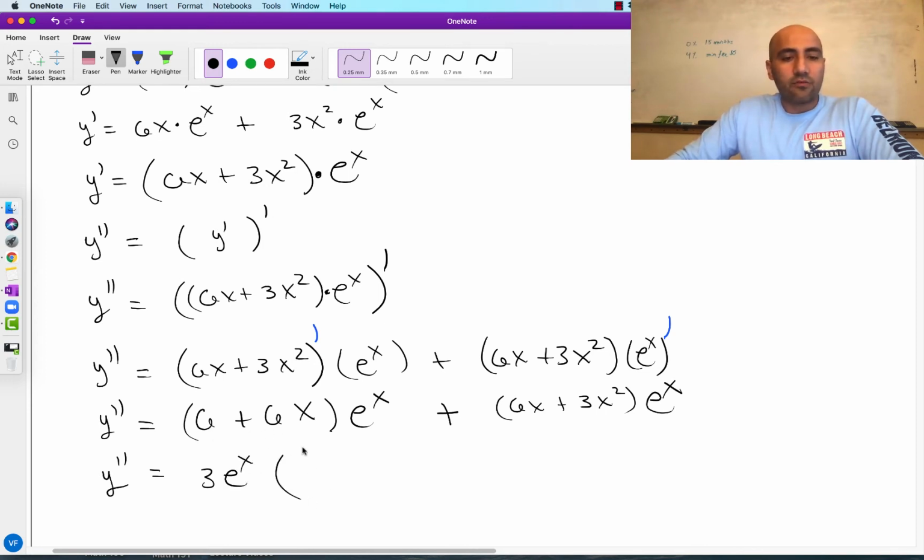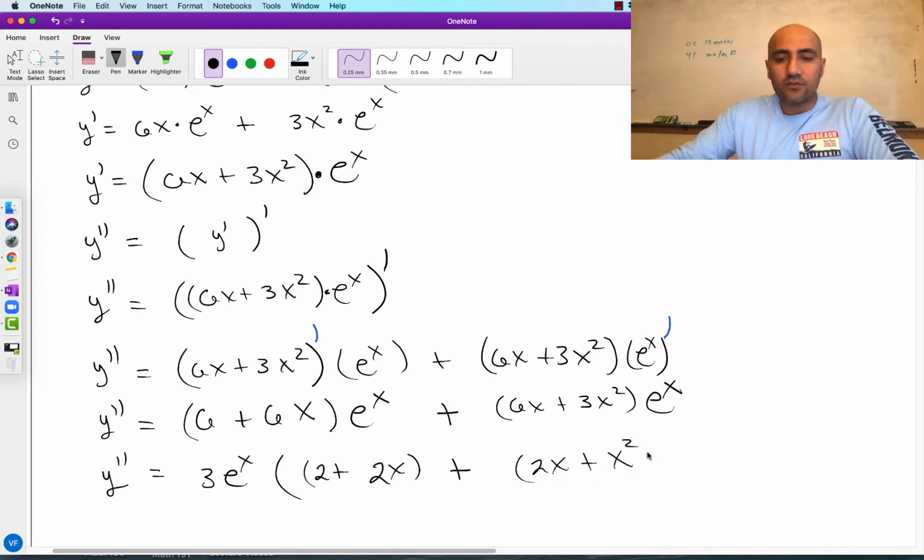So factoring out a 3 from there, we'll end up with a 2 plus 2x, plus, now factoring out a 3, we'll end up with 2x plus x squared. And then that e to the x also gets factored out.